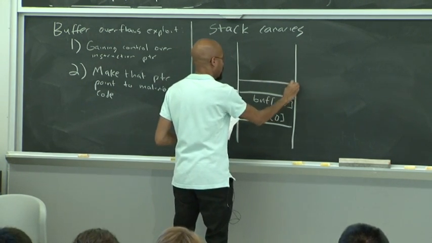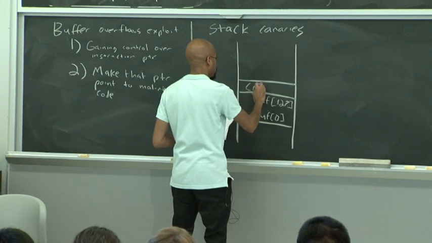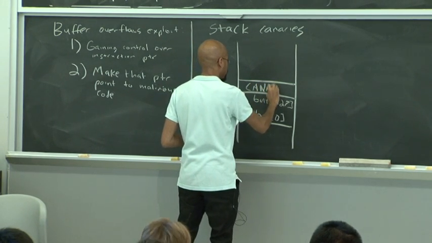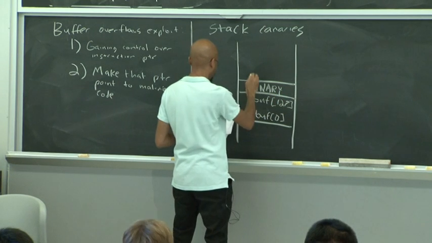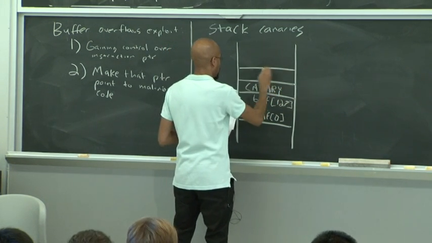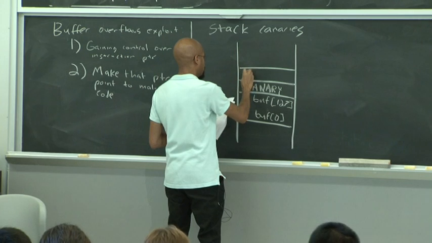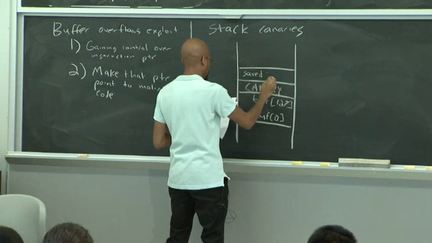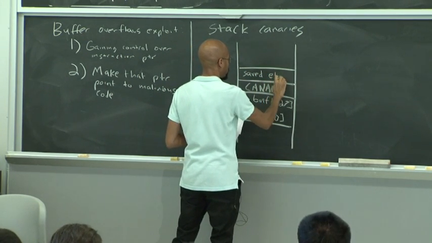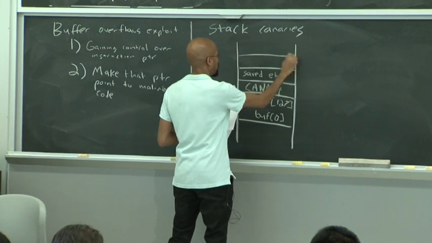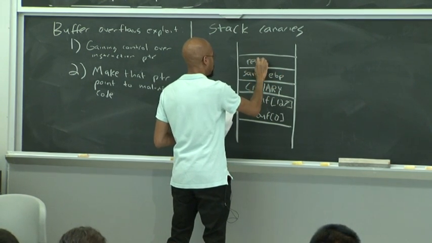Then we're going to put the canary here. And then this will be the saved value of the base pointer. And then this will be the return address.